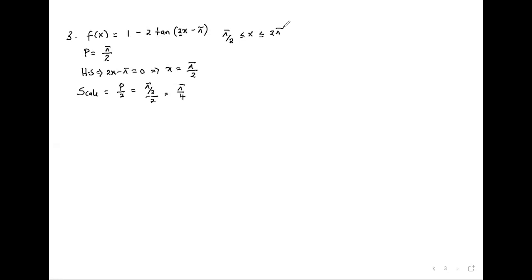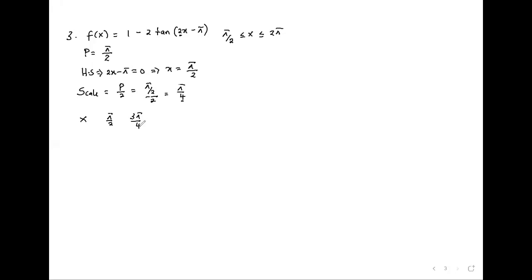Okay, so start x here, and then pi over 2, and then add the scale, which is pi over 4. So this is going to be 3 pi over 4.